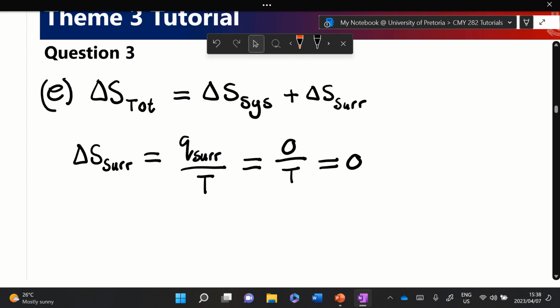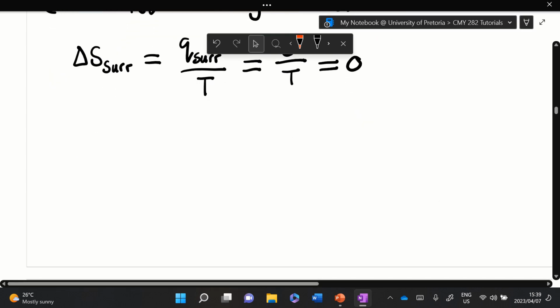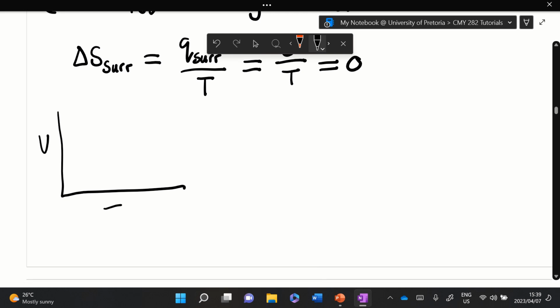In this case, we actually have both. So how do we treat a process where we have both heating and expansion? We must think about it in terms of a volume and temperature process, with both heating and expansion happening from one point to the other.